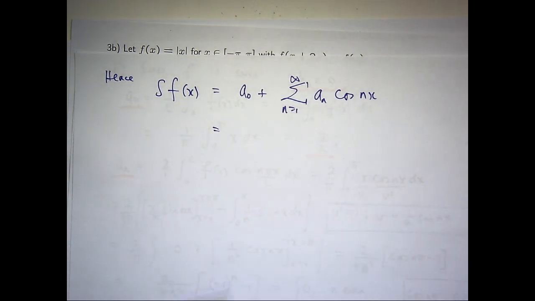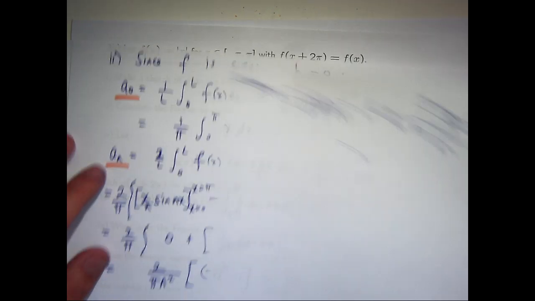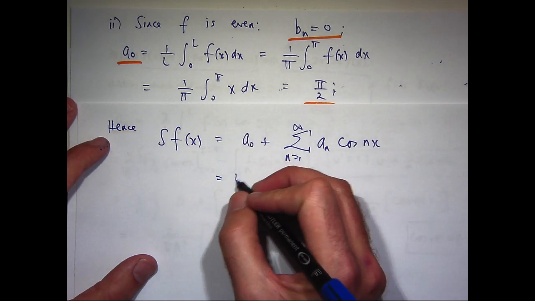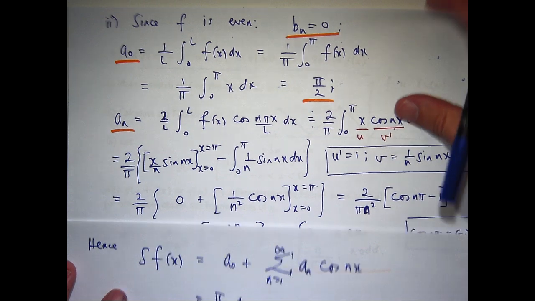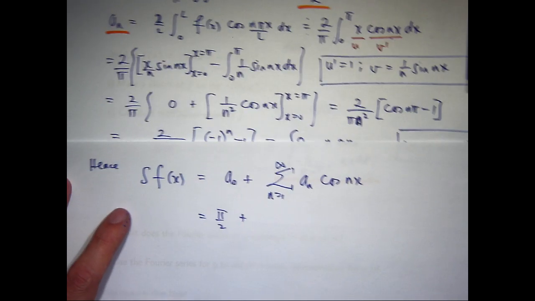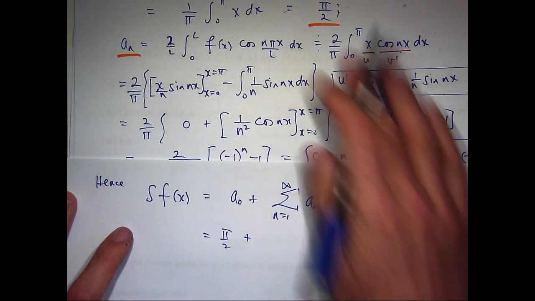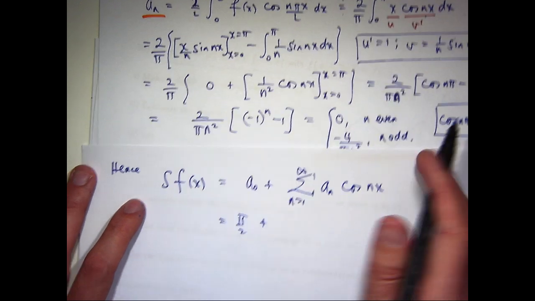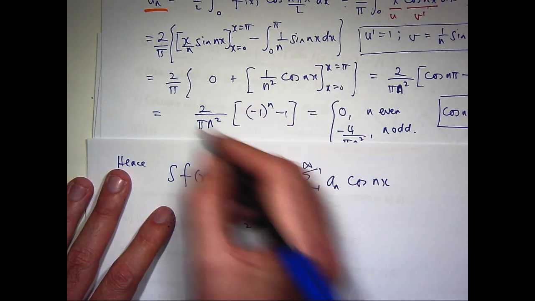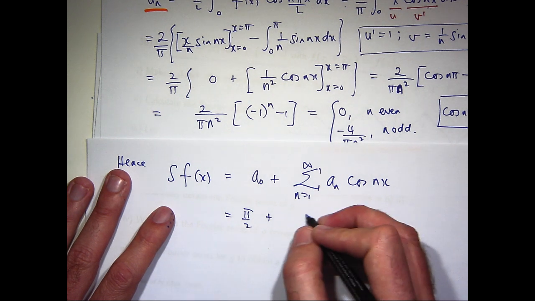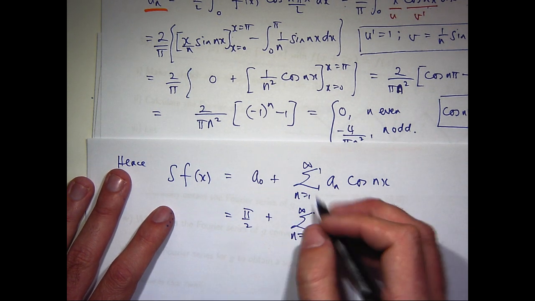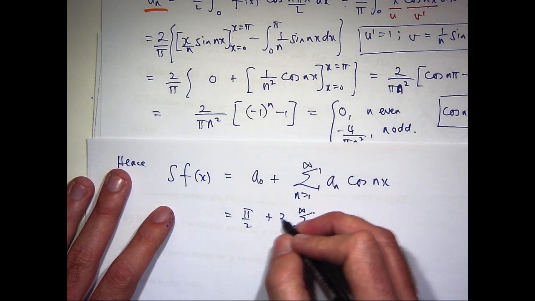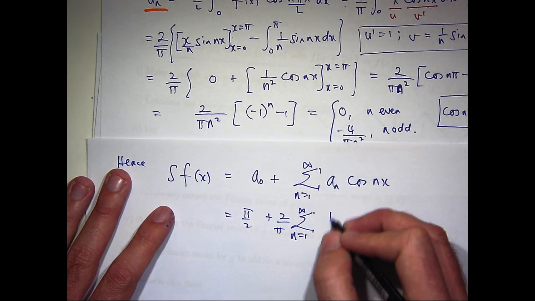Our a sub naught was pi on 2. And I'm going to use this less simplified form straight away for the a sub n's. Now I can take that 2 on pi out the front because it's constant.